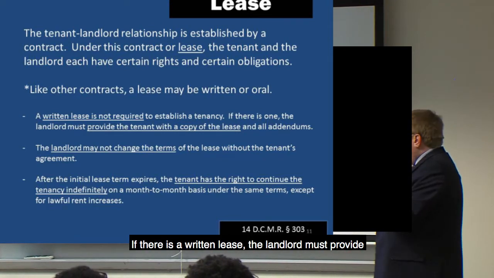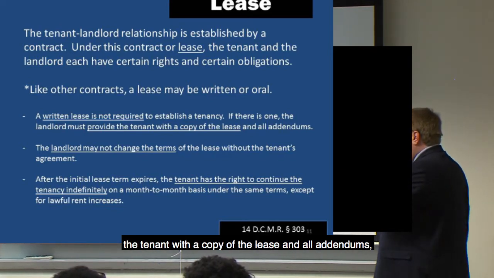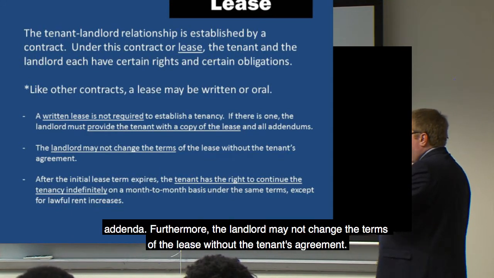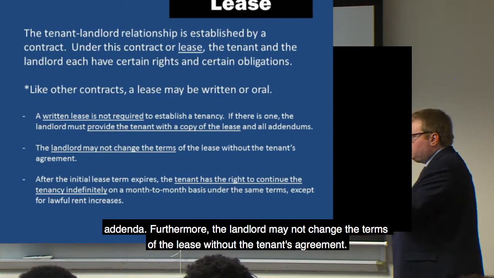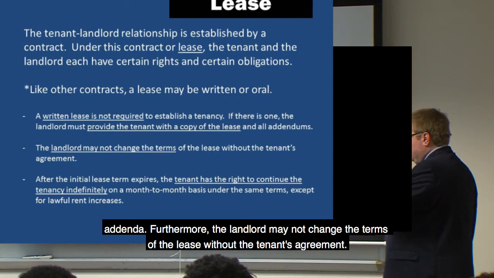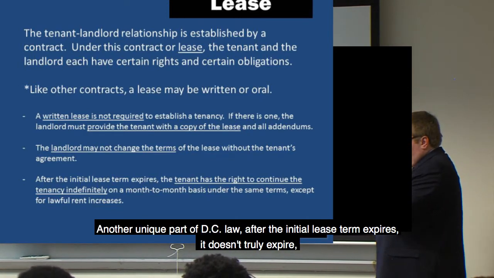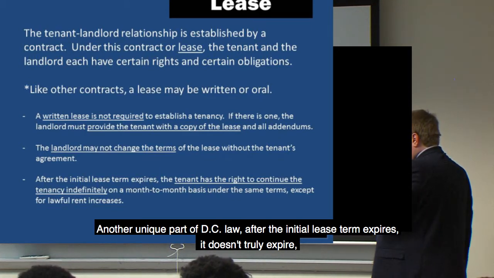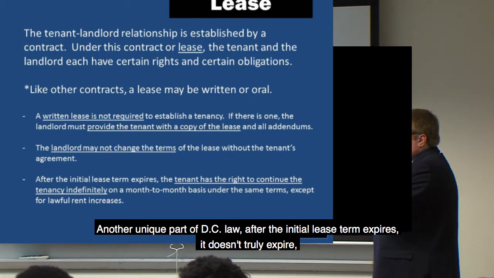If there is a written lease, the landlord must provide the tenant with a copy of the lease and all addenda. Furthermore, the landlord may not change the terms of the lease without the tenant's agreement. Another unique part of DC law: after the initial lease term expires, it doesn't truly expire.